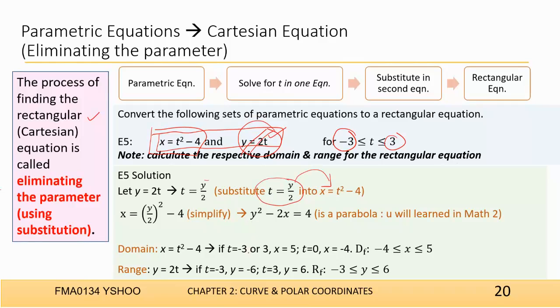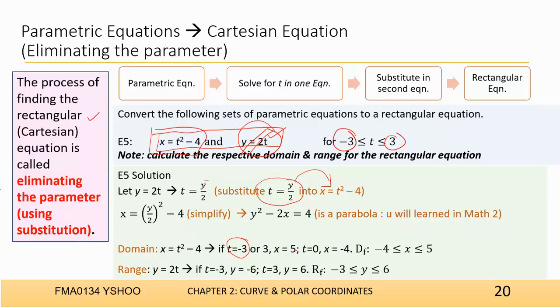So now we try to substitute t equals -3, then we will get x equals 5. Coincidentally, because of t squared, regardless of negative or positive, you will get the same value of x equals 5.